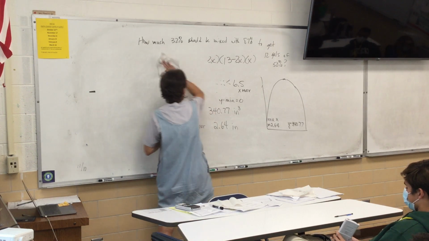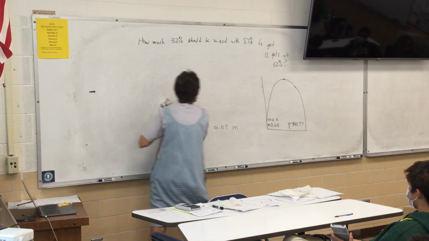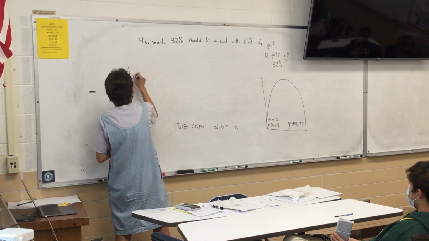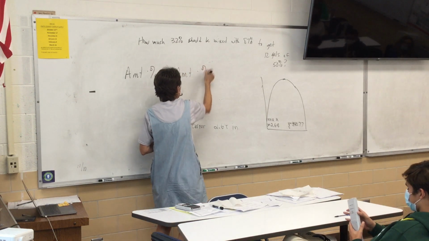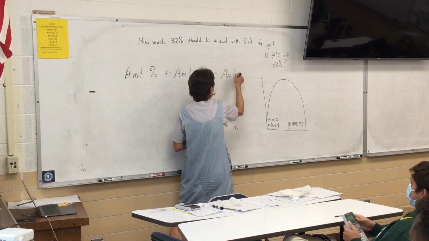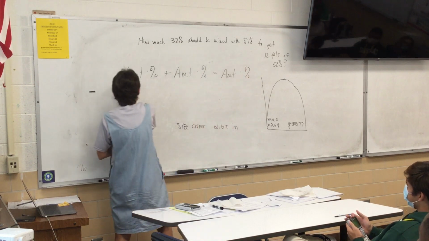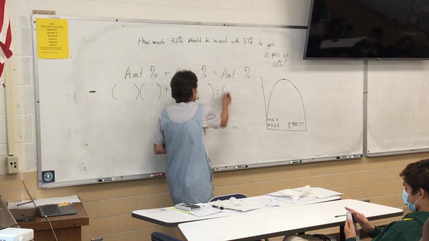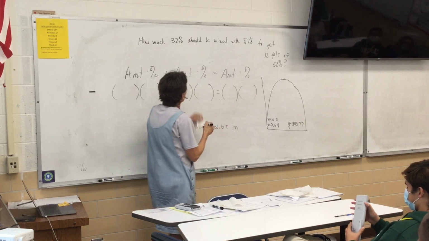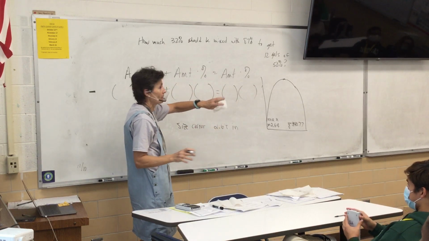So with this problem, it's amount times percent plus amount times percent equals amount times percent. 6 things, 3 amounts, 3 percents. Almost all of it's in the problem.